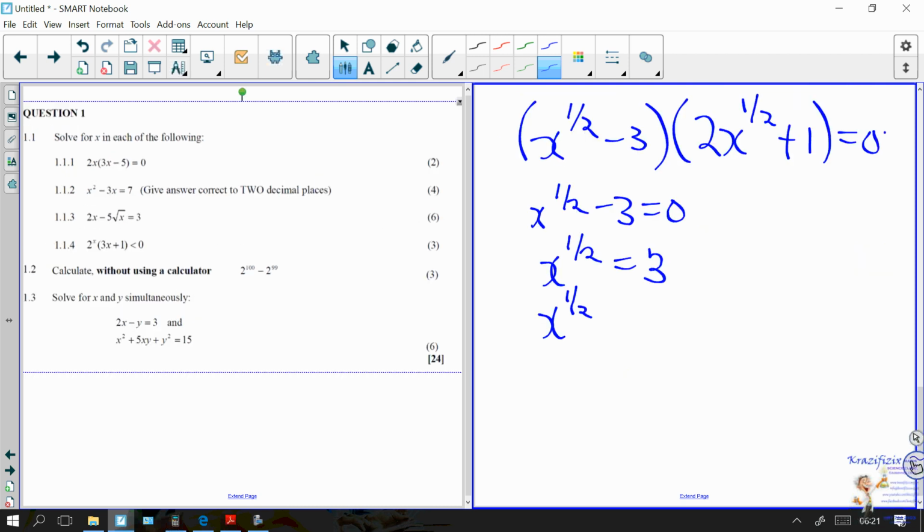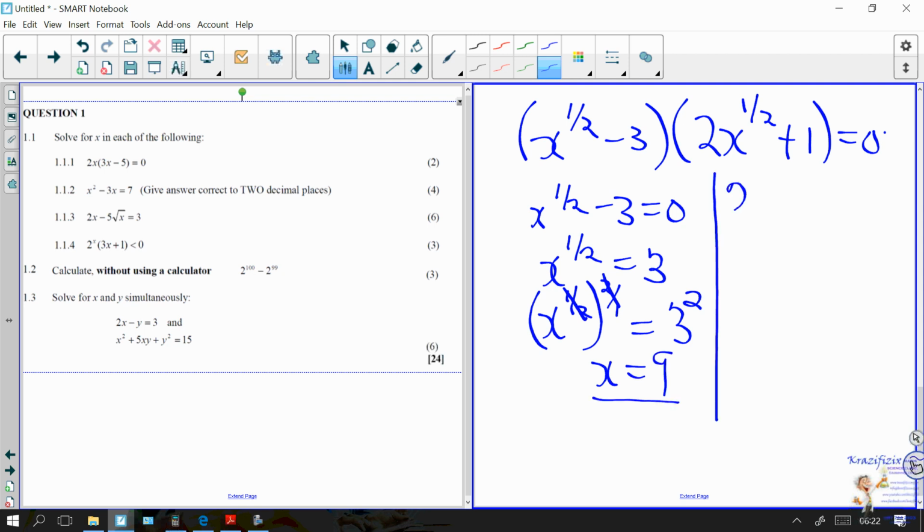X half multiply by 2 over 1, but what you do on that side, you also do here. Half times 2 would give me 1, so x equals to 9. Or 2x plus 1 equals to 0. 2x to the power half equals to negative 1. X half equals to negative 1 over 2.